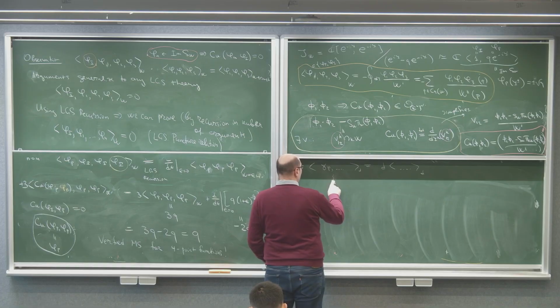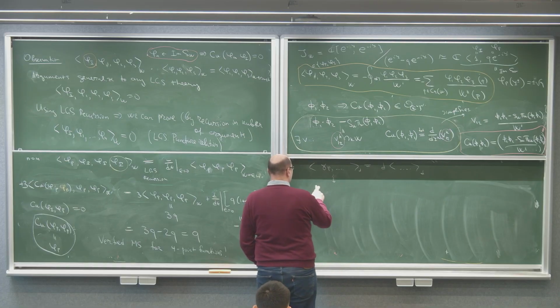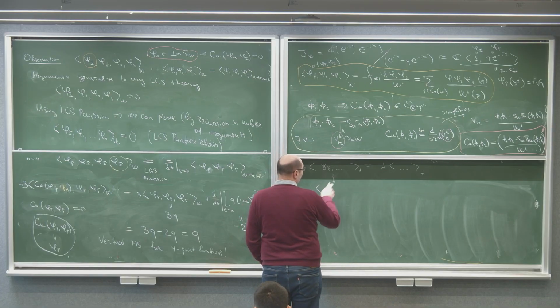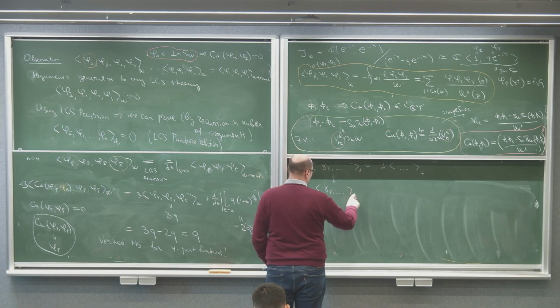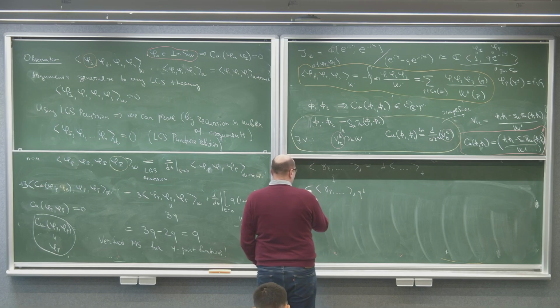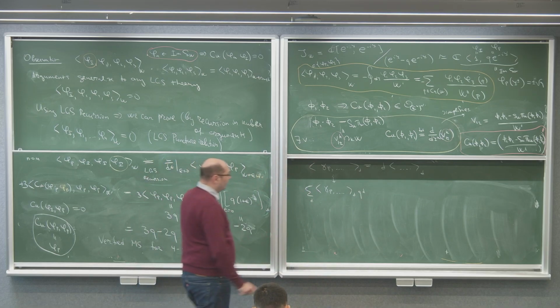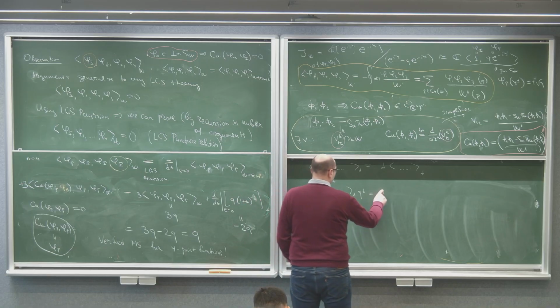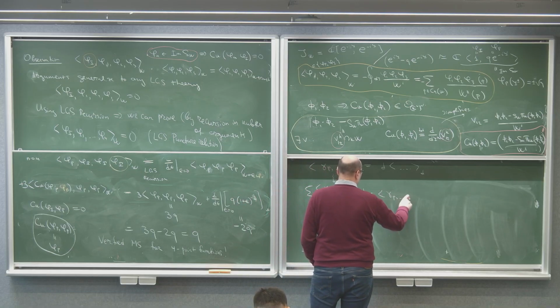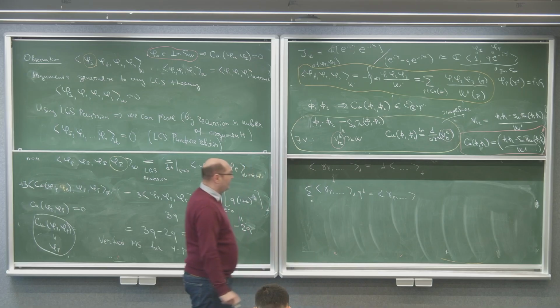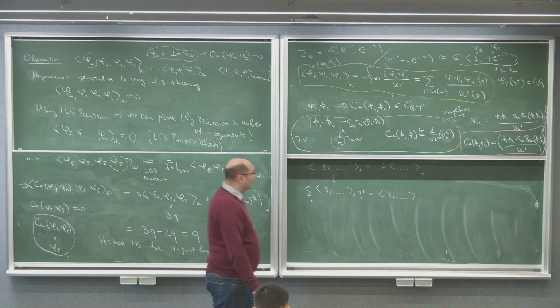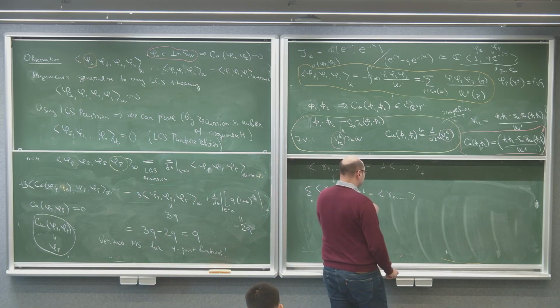So we can reorganize these invariants into polynomials in Q by multiplying by Q to the power d and taking the sum over d. That will be what we call the correlation function without any subscripts.